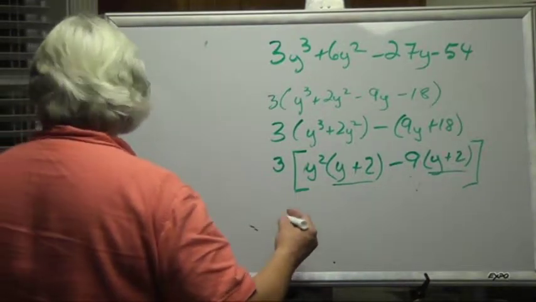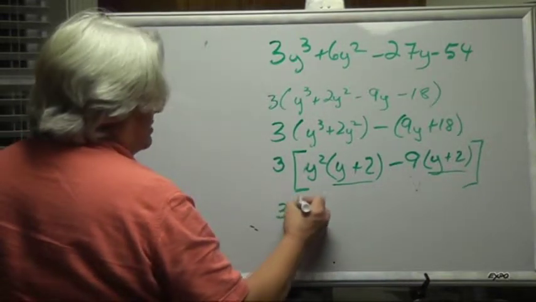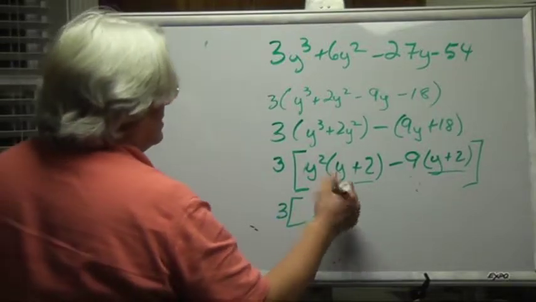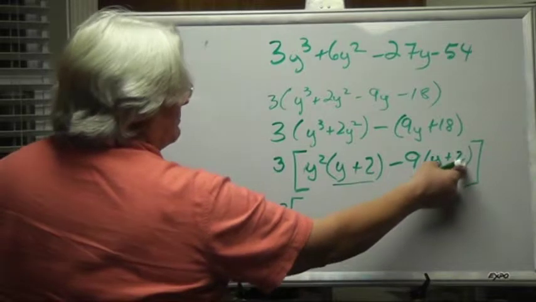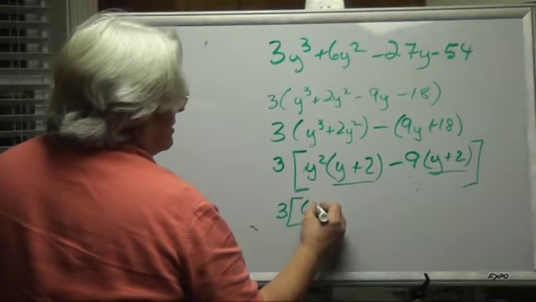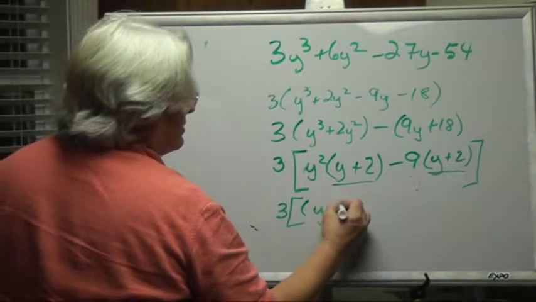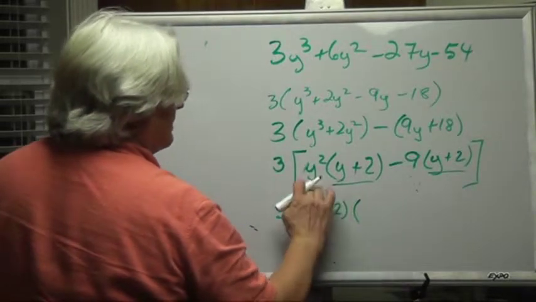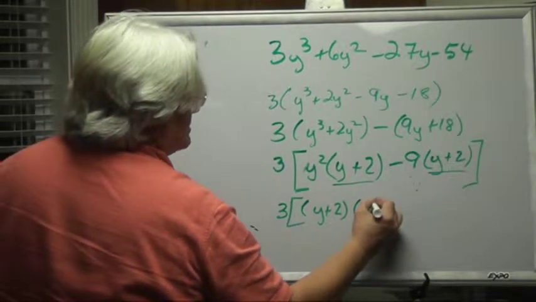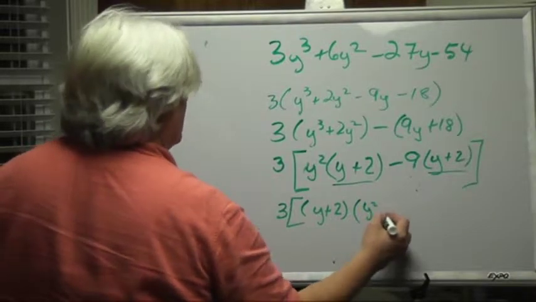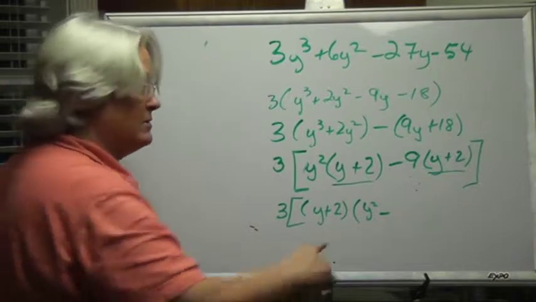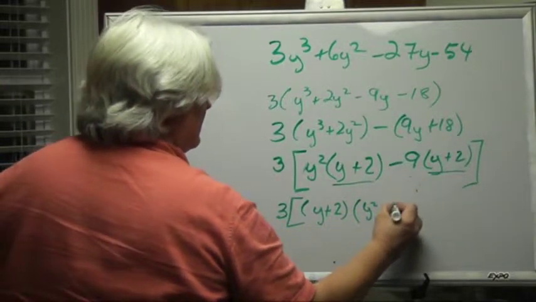So we're going to have 3, and then in parentheses, we're going to take out that common binomial factor, y plus 2, times what do we have left? Y squared minus, we factor out the y plus 2, we have the negative 9.